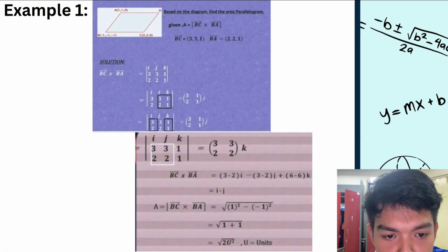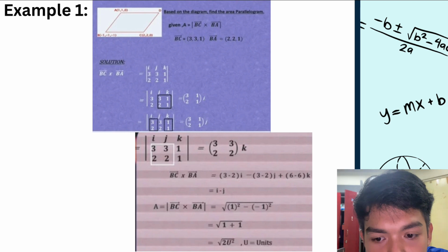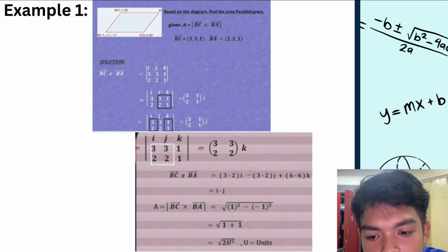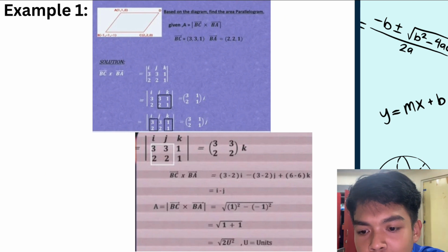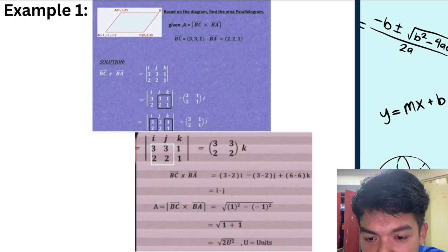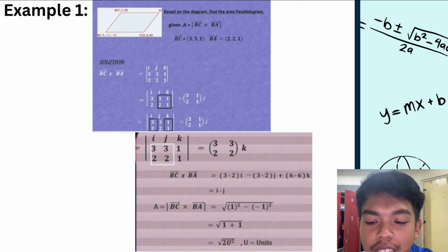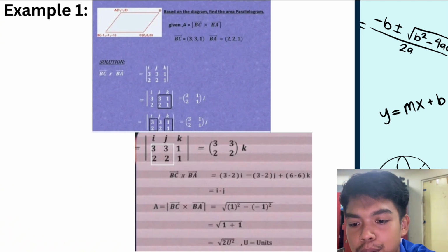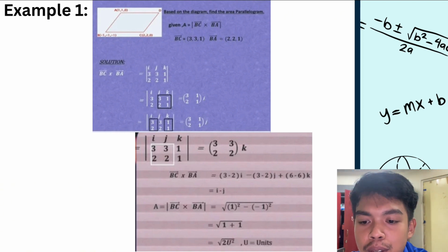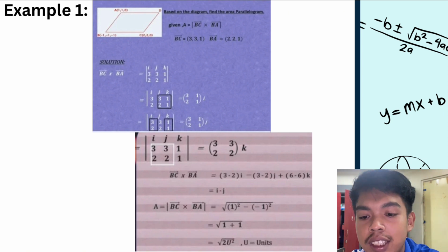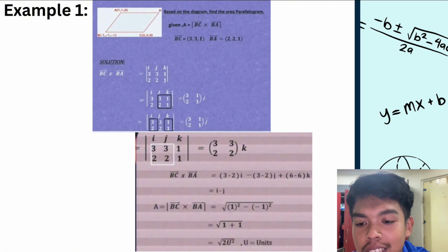Okay. For j, we can check the value, then you just multiply the same way as finding the value of i, then subtract to find the value of j.